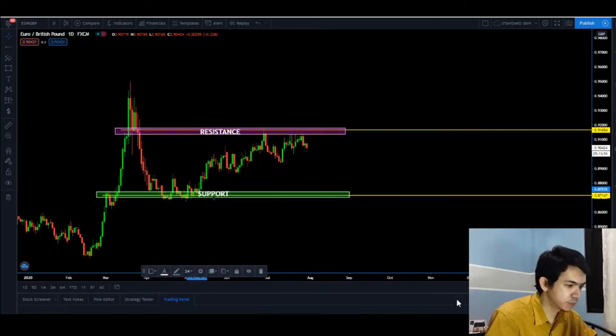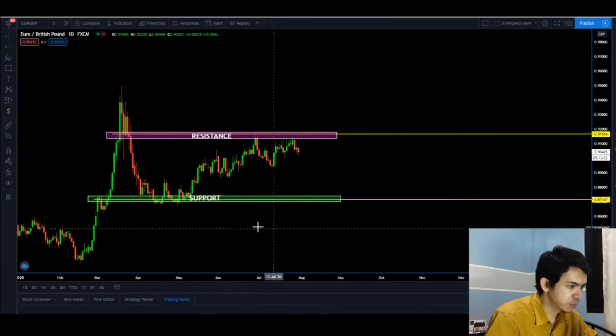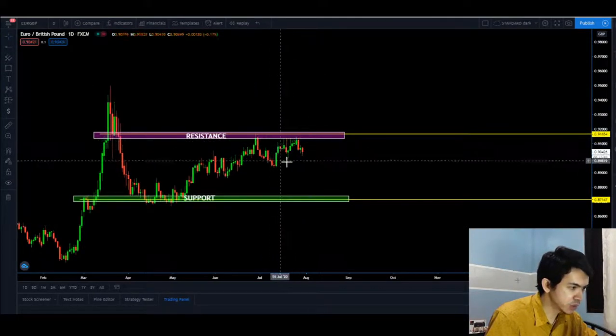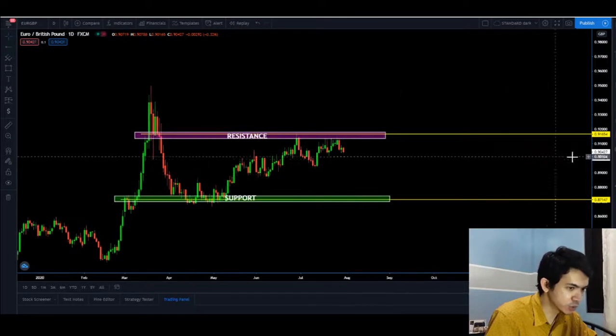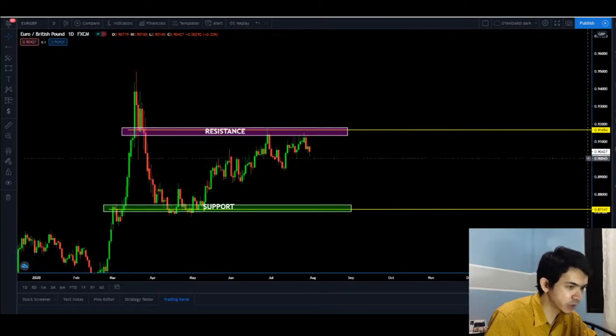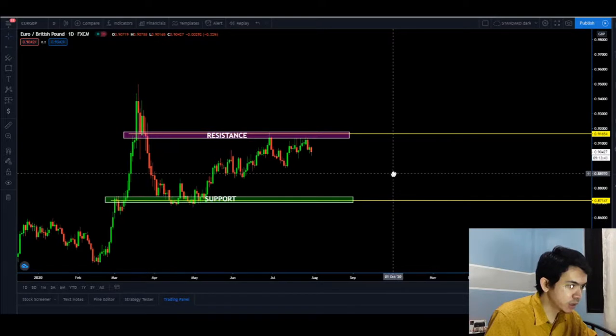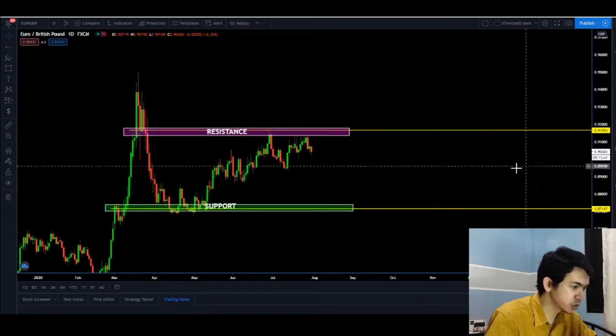That time the price was at the resistance level or zone, so definitely we were eyeing a sell or short position.